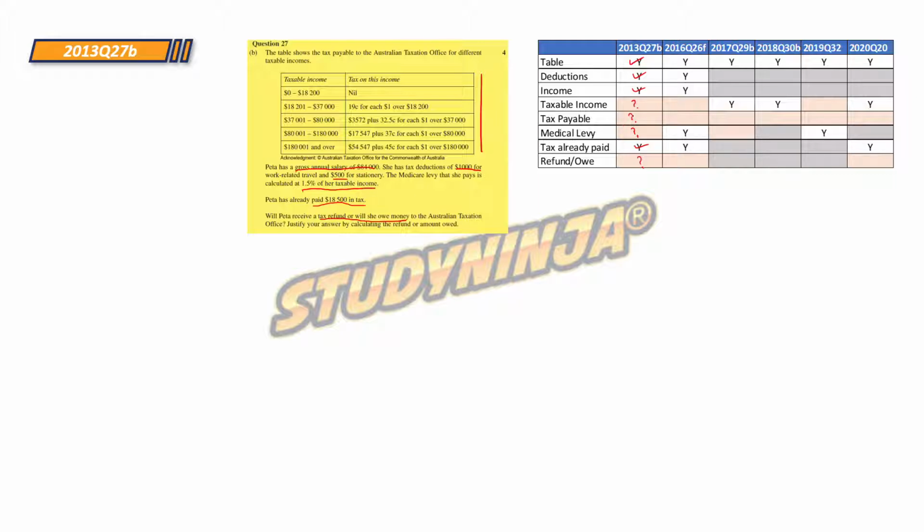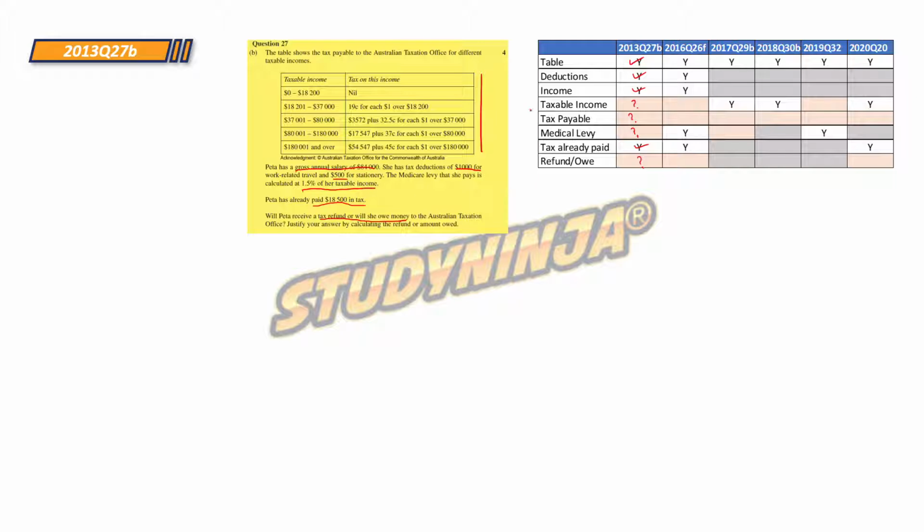You need to work out what is the levy on top. Then you would know what is the total obligation. Once you know that, you're given how much is already paid. From these two minus this, you will work out whether she is owed money or she needs to pay more to the ATO. So this is the process, right?